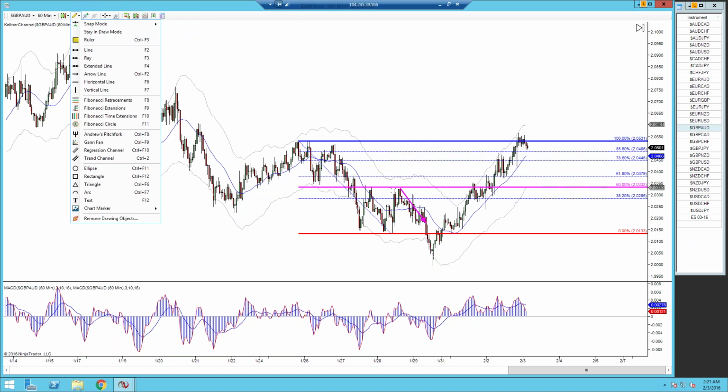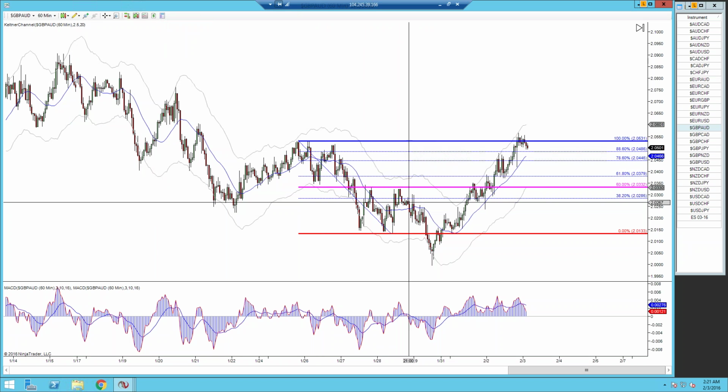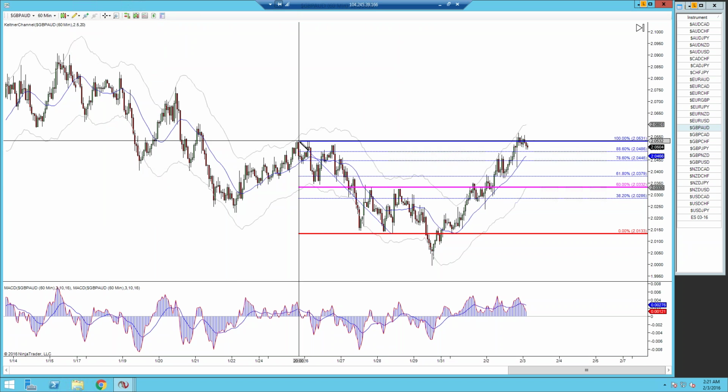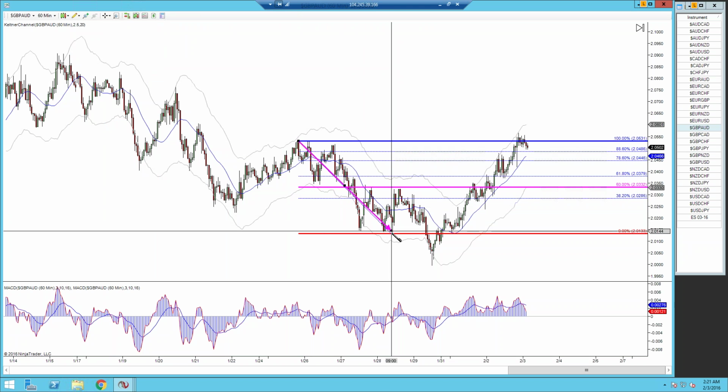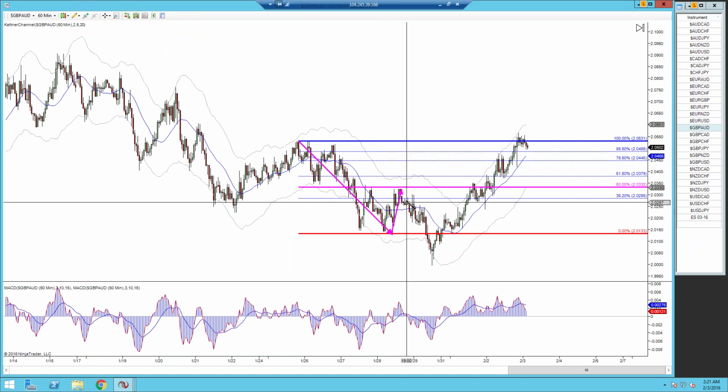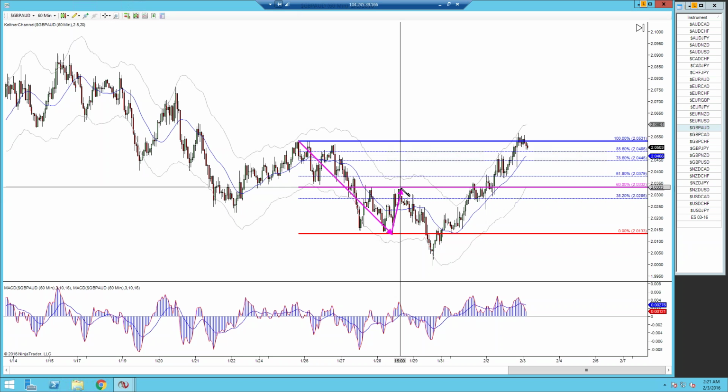So right here, let me just remove this. Okay, continue to watch me, guys. I'm walking you through this. So the market went from high to low, had a retracement up, and then retraced back down right here.